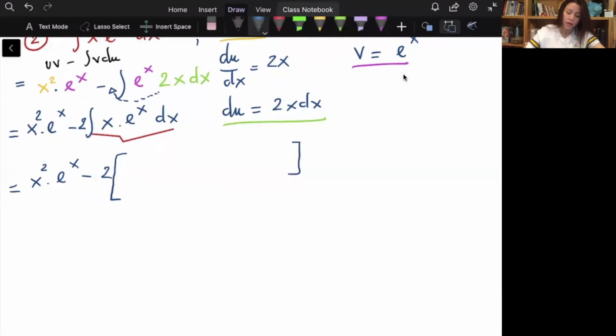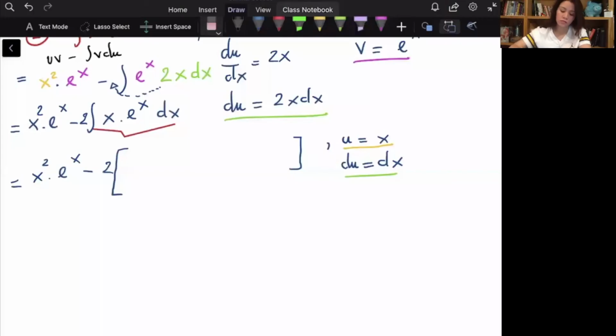Again, I'll let u equal x, so du equals dx. And I'll let dv equal e to the x dx, so that v equals e to the x.